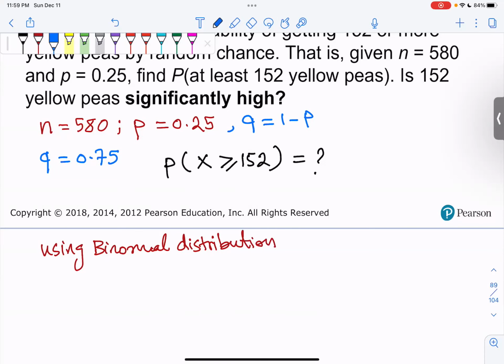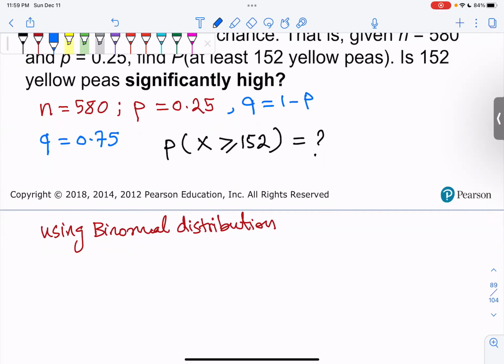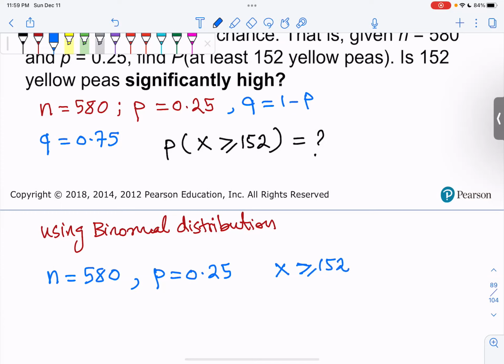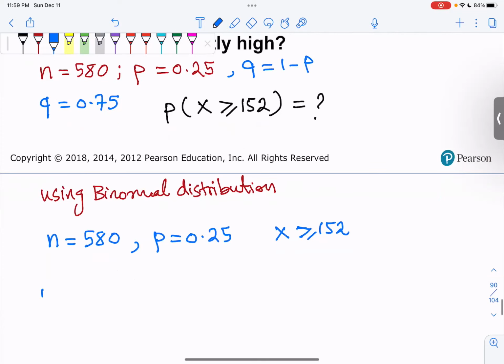For the binomial distribution, we need n equal to 580, and we need p equal to 0.25, and we need the value of x, which is x greater than or equal to 152. Okay, so now the probability of x greater than or equal to 152 equals, let's go to StatCrunch.